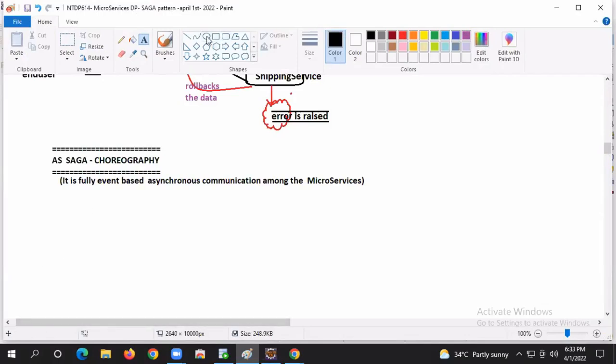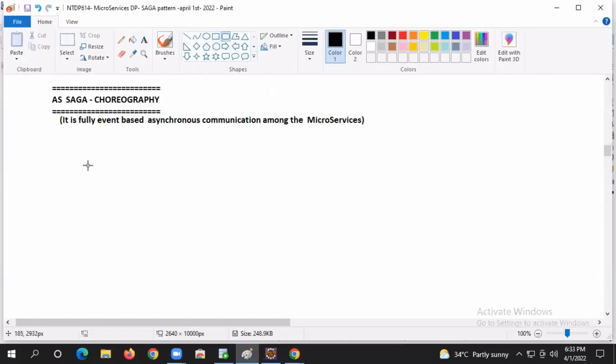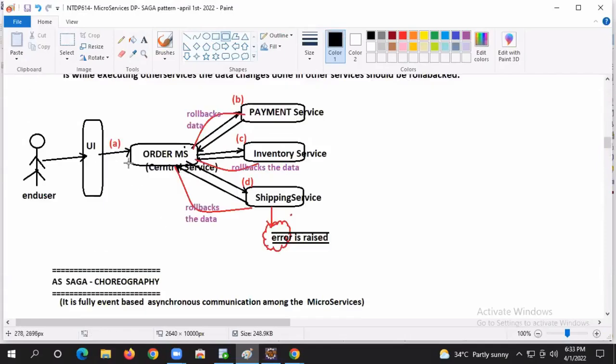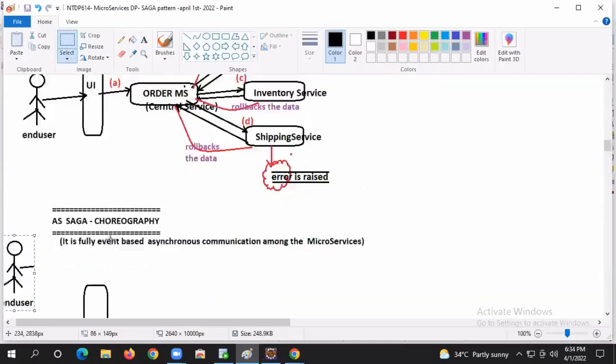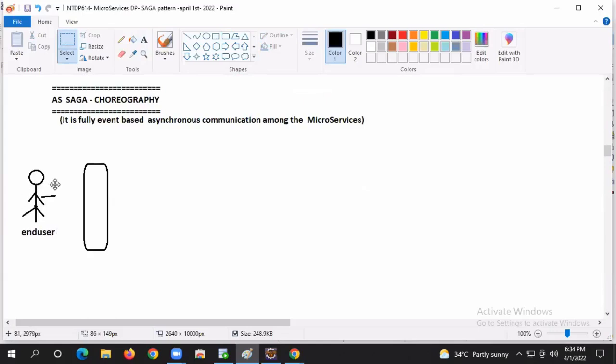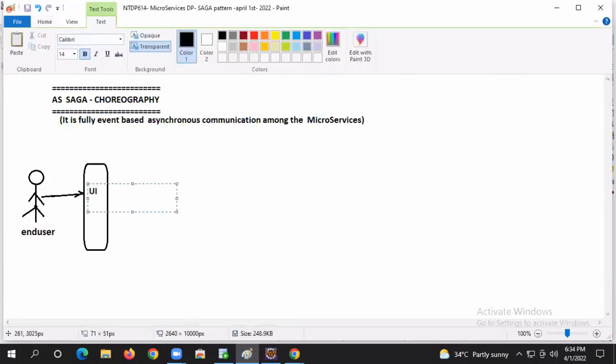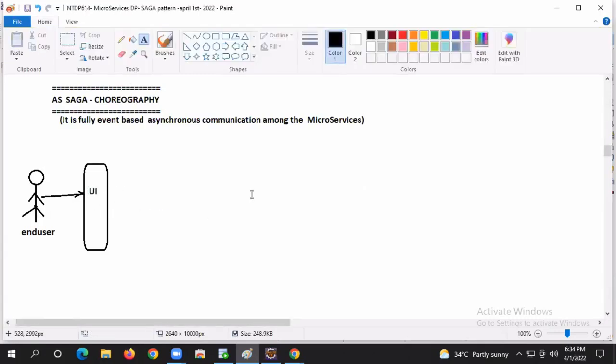As usual, the UI will be there, and the end user will be there in our style. This is my UI, user interface. Cool.